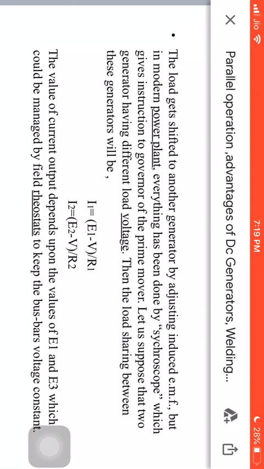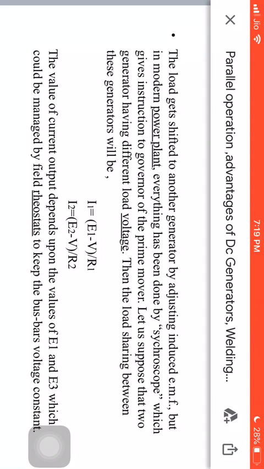Suppose we take two generators having different load voltage, then the load sharing between these generators is given by two expressions: I1 is equal to (E1 minus V) by R1 and I2 is equal to (E2 minus V) by R2.